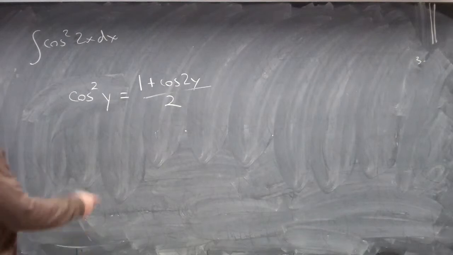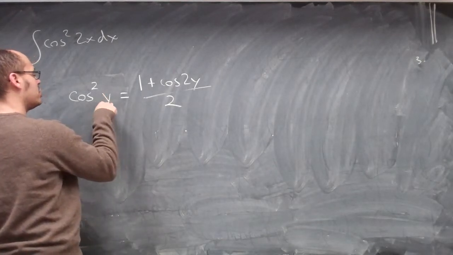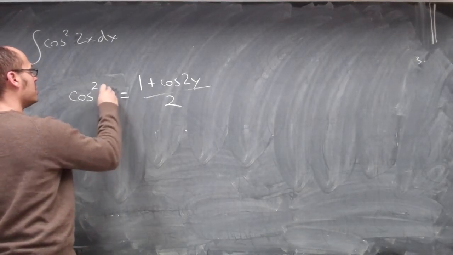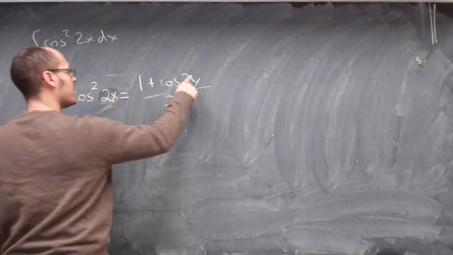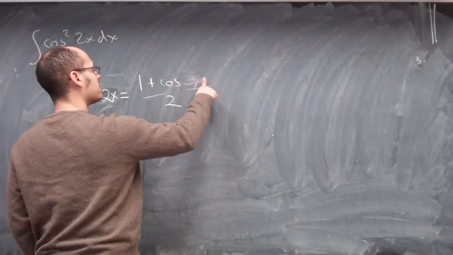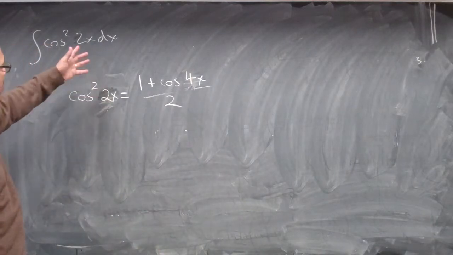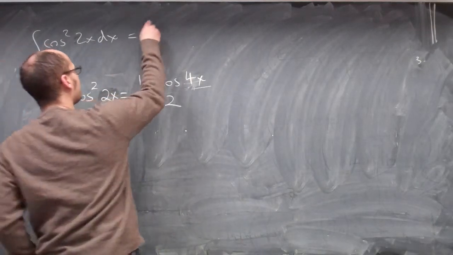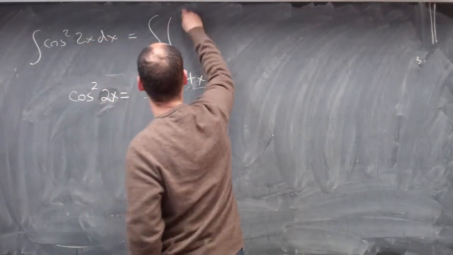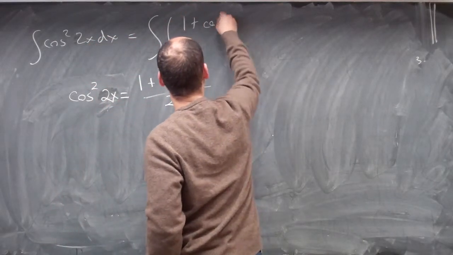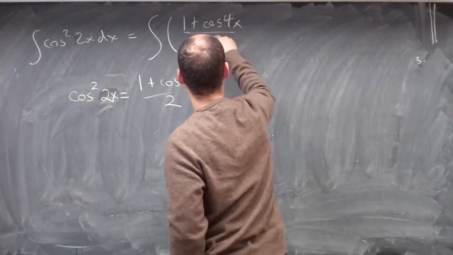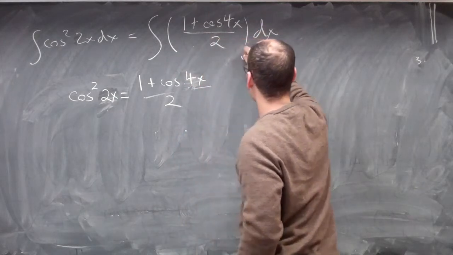But we're going to apply it in the case where we have a 2x here. So y is 2x, and so 2 times 2x is going to give us 4x. So that gives us a way of rewriting cosine squared 2x in this way. So we can just rewrite this integral as 1 plus the cosine of 4x over 2 dx.